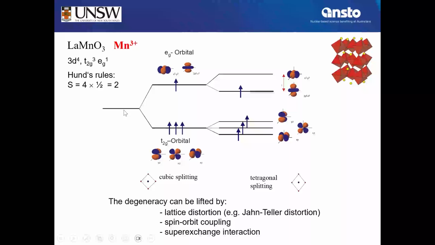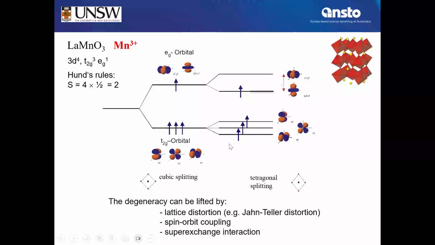So here, if we begin from the left side, we have all the 10 levels. The cubic crystal field of the octahedra split it up into 2 levels, t2g and eg. And the octahedra are not perfect, they are distorted. So due to that splitting, we end up with 10 levels in total.